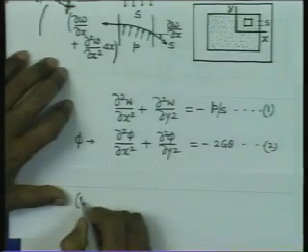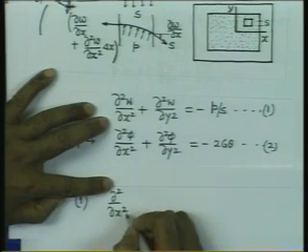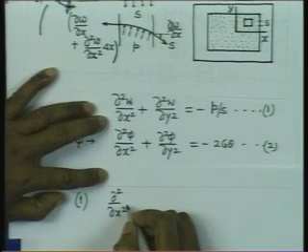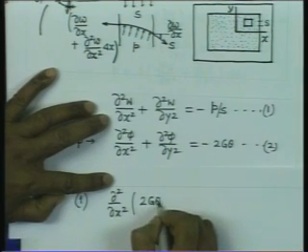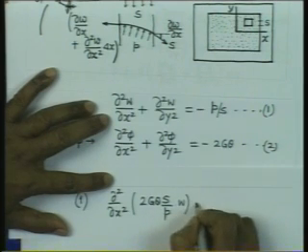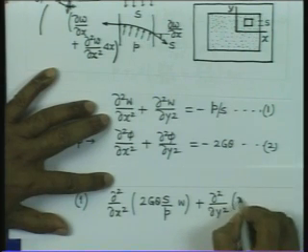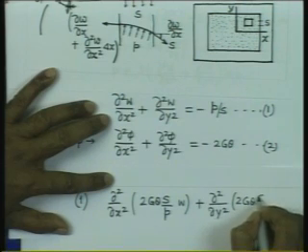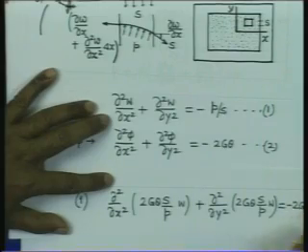Just I would like to work on this equation number 1, and we can write from 1, ∂²/∂x² of (2GθS/P)w plus ∂²/∂y² of (2GθS/P)w is equal to minus 2Gθ.